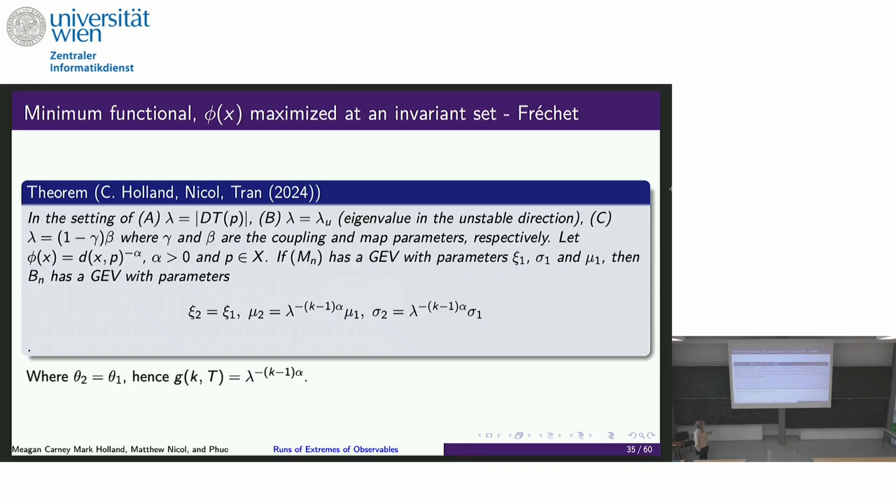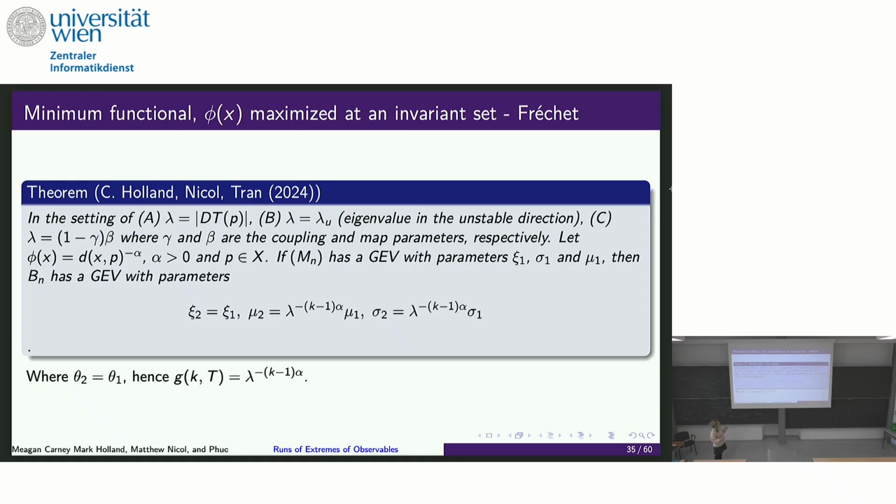Okay, so here's our example, the minimum functional. If yi is the minimum functional, phi of x, so our observable is maximized at some invariant set, and we chose the observable so that we have a Fréchet distribution in the limit. So in the setting of expanding maps, our lambda here is just the derivative at some fixed point.